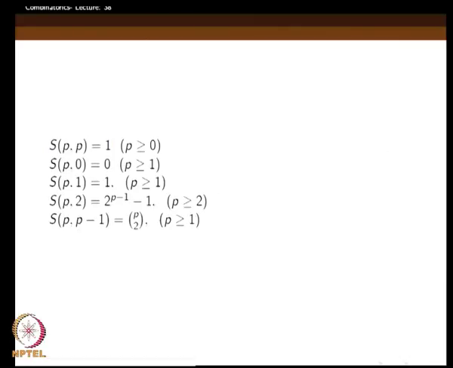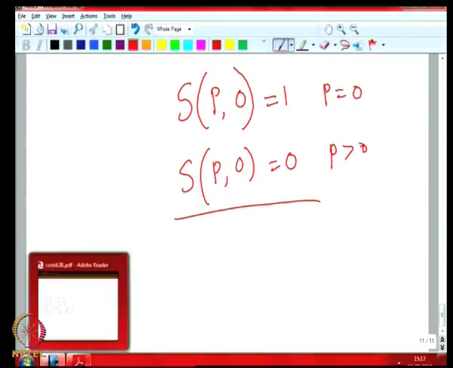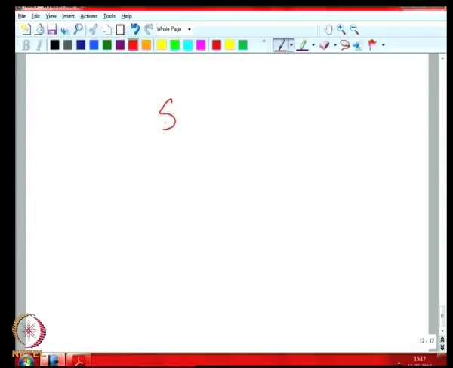There are P objects, and there is just one box. The point is, if P is 0, then we cannot put it in one box, so that has to be 0, because this box has to be non-empty finally.